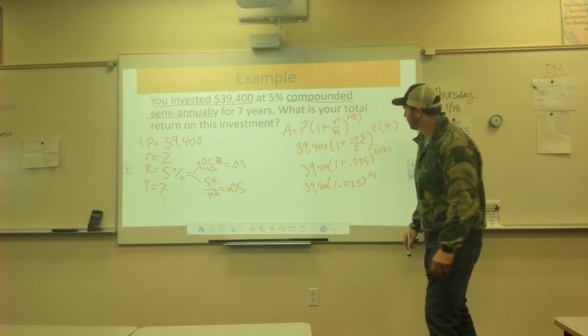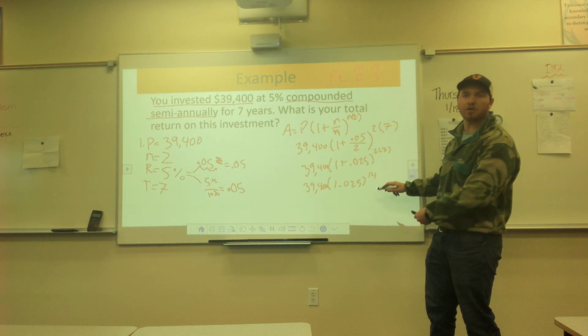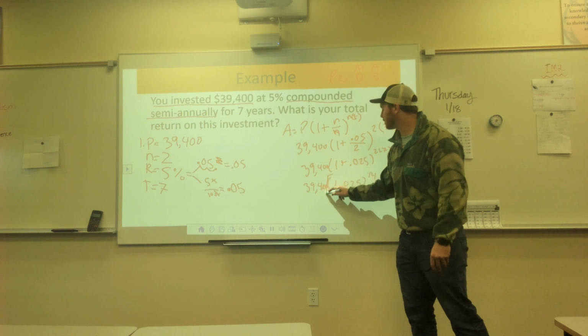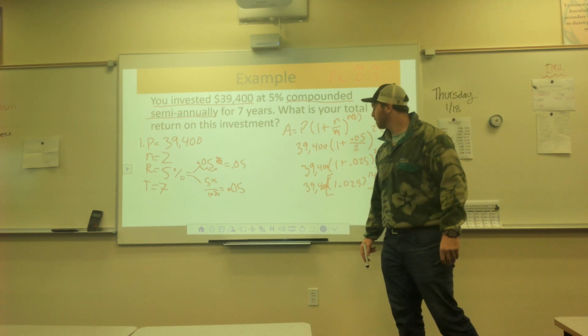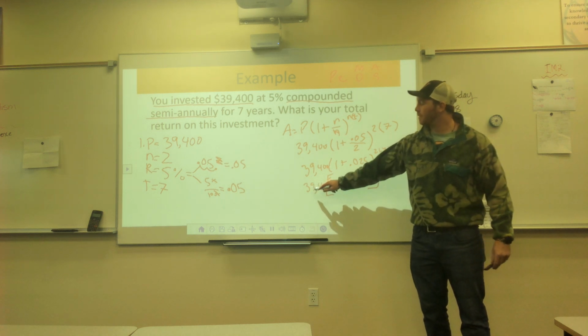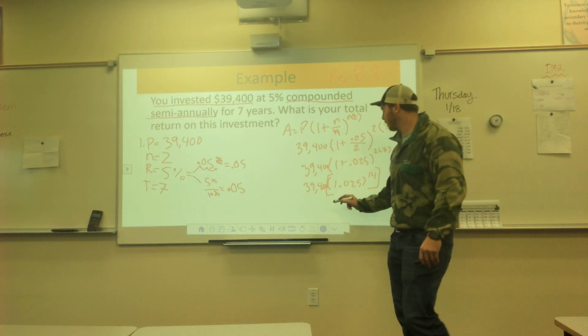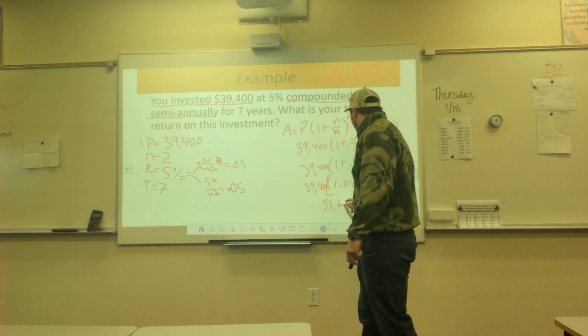You can type this straight in your calculator if you want, or keep following your order of operations. It equals 55,671.17. Is that with this? Just type straight in? Yeah. I'm just going to go straight from that. Say that one more time. 55,671.17.